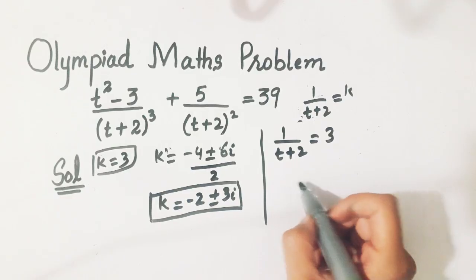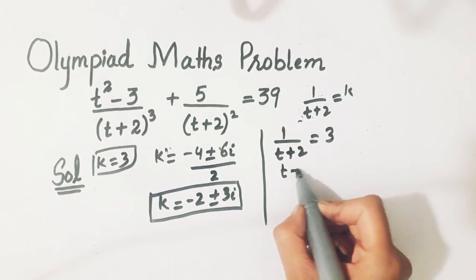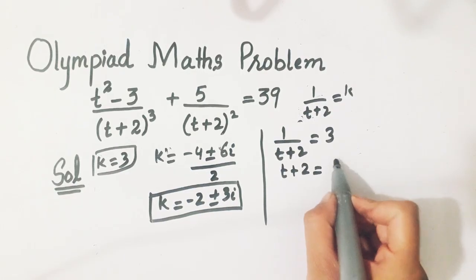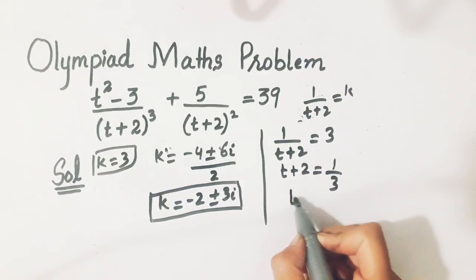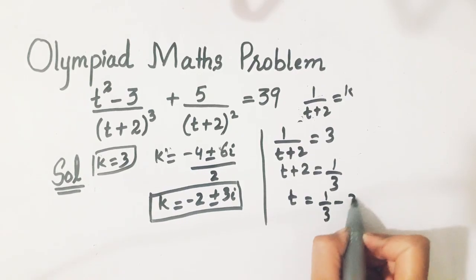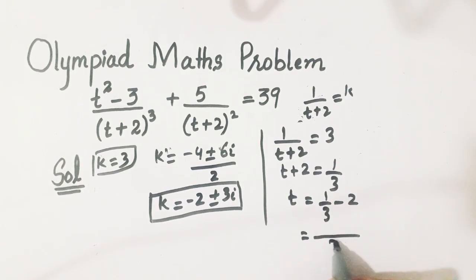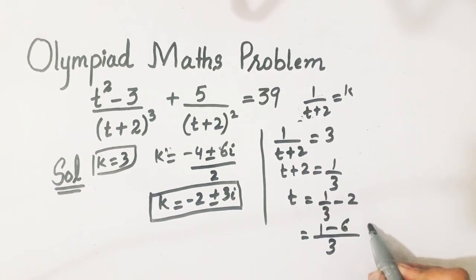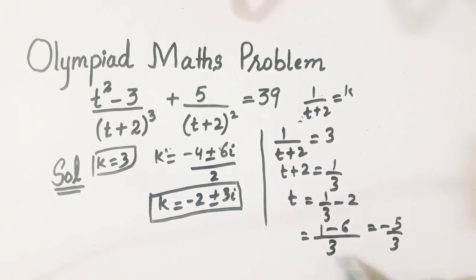So take its reciprocal: t plus 2 equals 1 by 3. You have to find the value of t, so 1 by 3 minus 2. Take its LCM: 1 minus 6. That means we get minus 5 by 3. So this is the value of t. t will be minus 5 by 3.